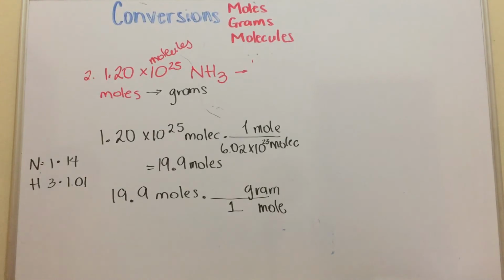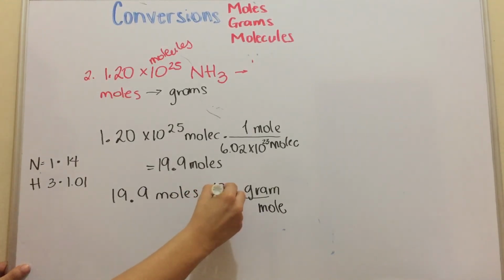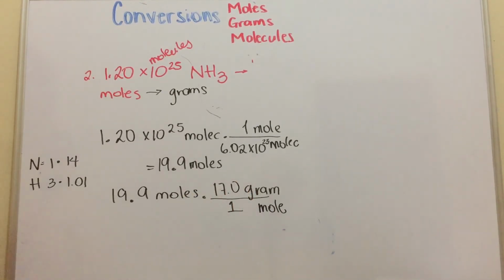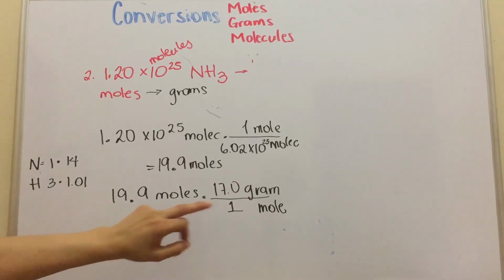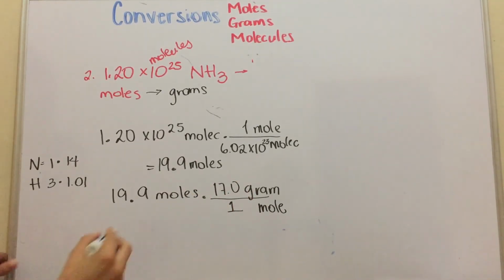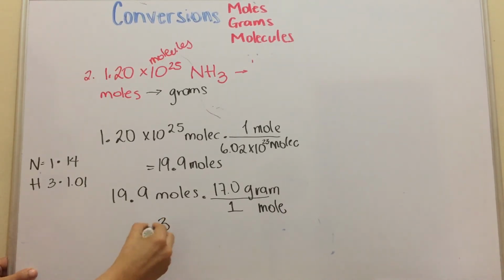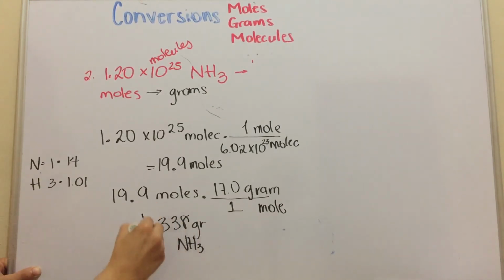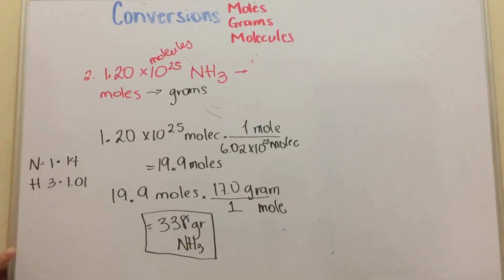So the weight of ammonia is 17 grams. So now you multiply 19.9 times 17, and that's going to give you a total of 338 grams of NH3, and this is your final answer.